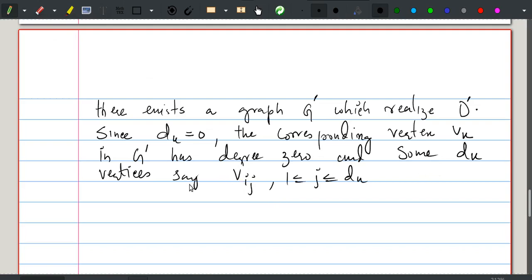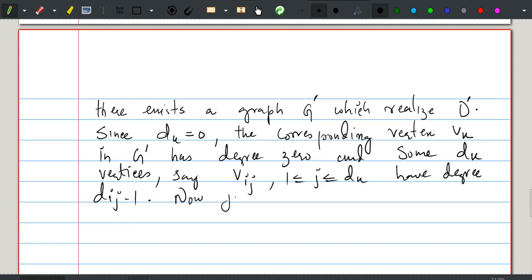Some dk vertices, say v_ij, have degree d_ij minus 1.